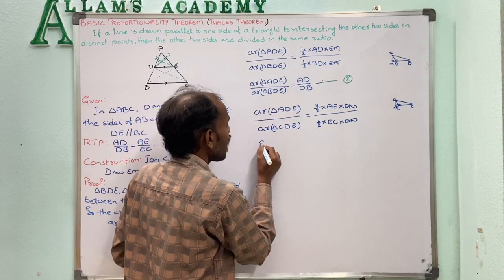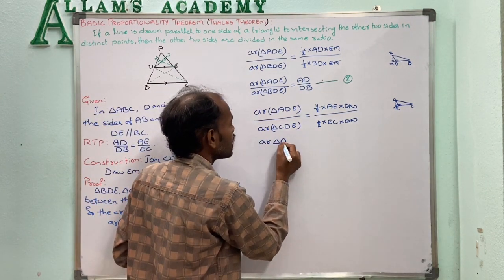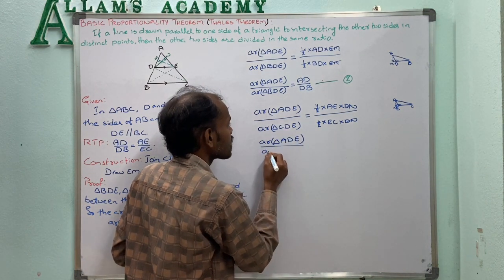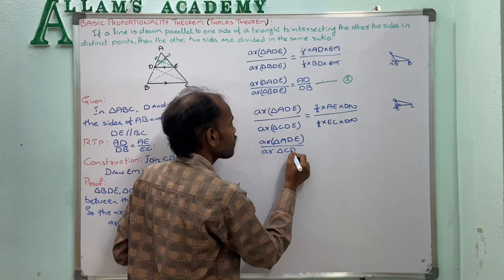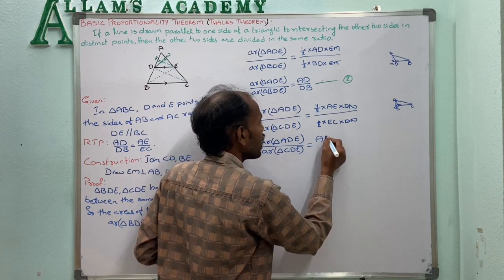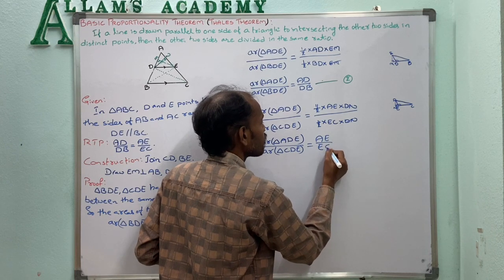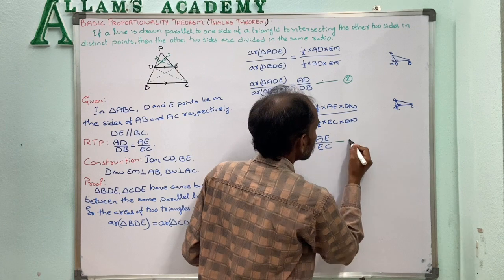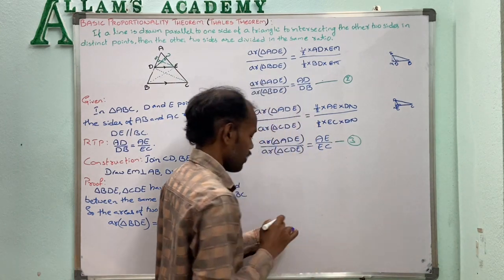So area of triangle ADE by area of triangle CDE equals AE by EC. This we take as equation 3.